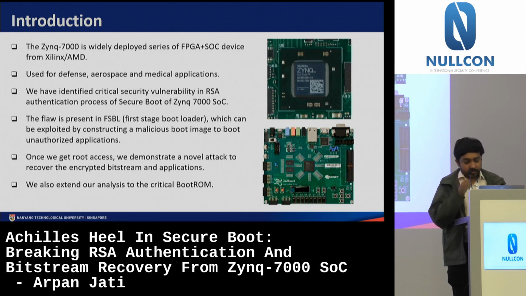The vulnerability is present in the FSBL, the first stage bootloader, and allows us to run any code within the FPGA or SoC. As a result, we can get root access and recover bitstreams, which are normally encrypted and not available from outside, and we can decrypt them as well.